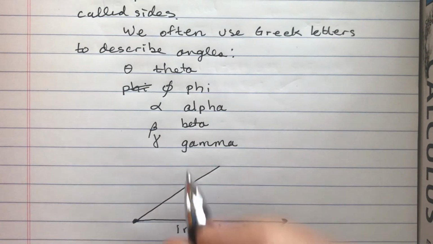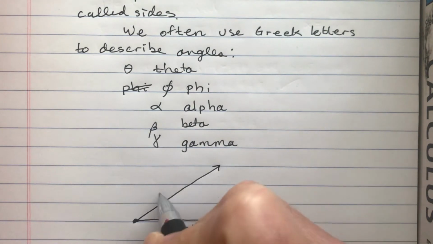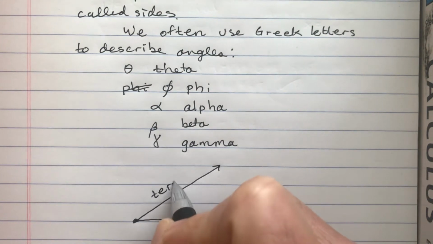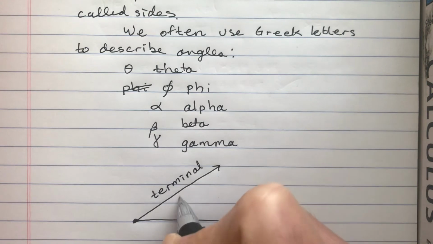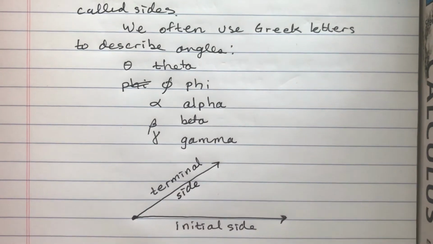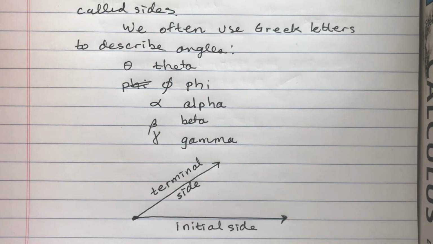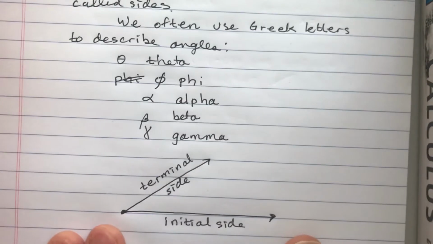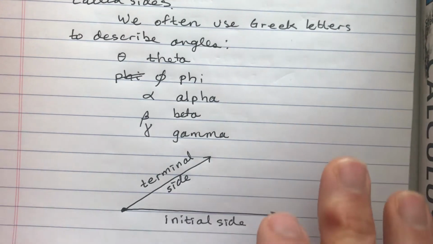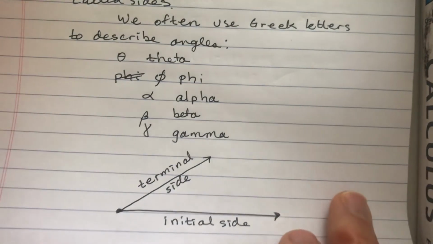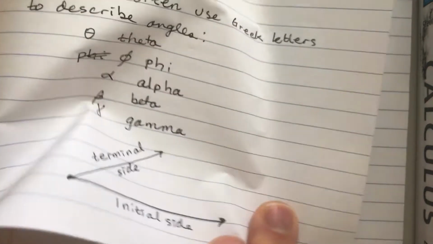And then your other side is above here, and this is the terminal side. That's the convention. In applications, the angle could be turned around in a different way. But when we're studying these, it's convenient just to stick with that convention.